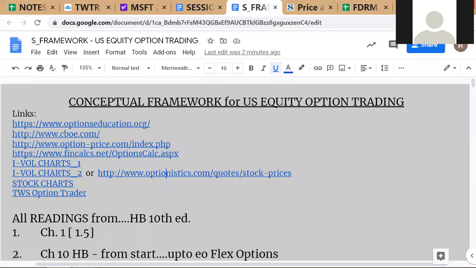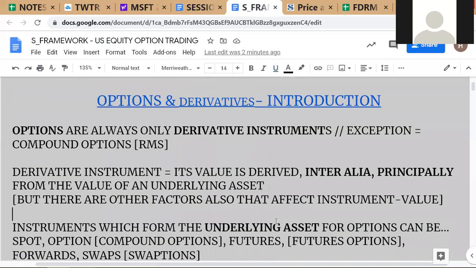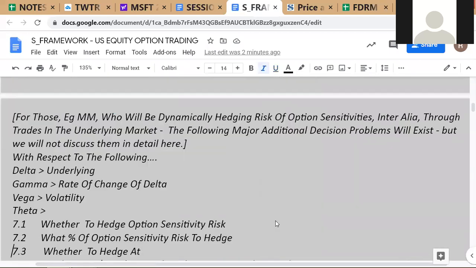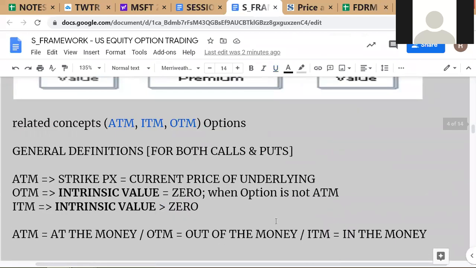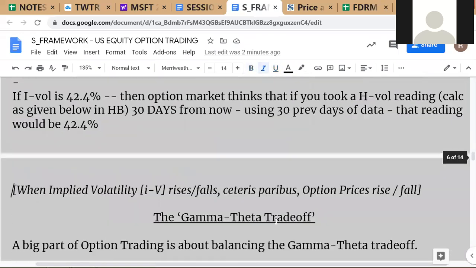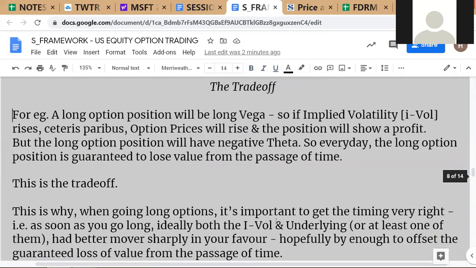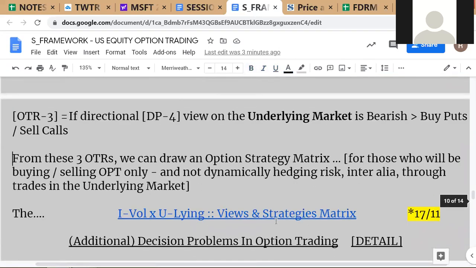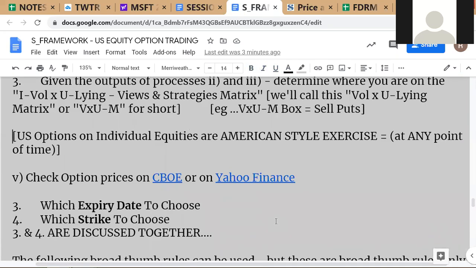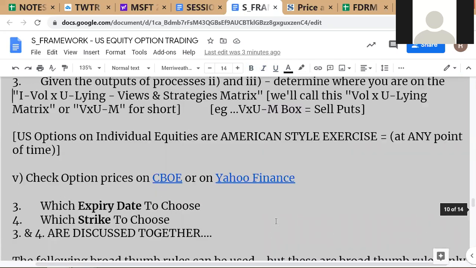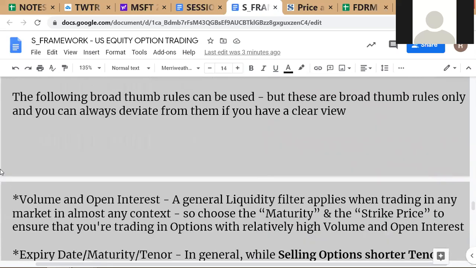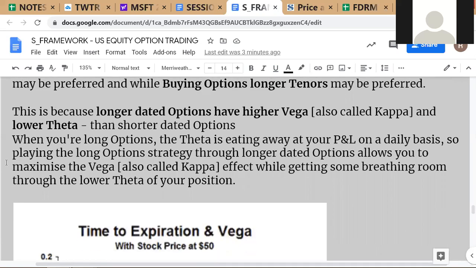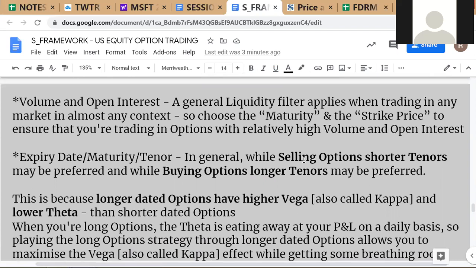One of the reasons you want to buy longer dated options is that you want to get maximum bang for your buck.